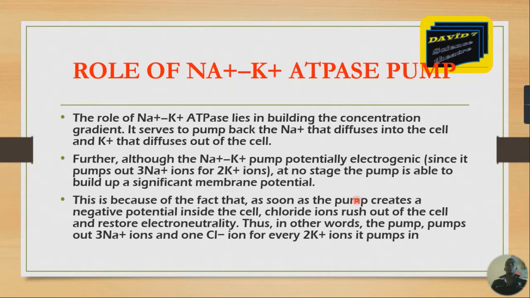This is because as soon as the pump creates a negative potential inside the cell, the chloride ions rush out of the cell and restore electrical neutrality. Thus, in other words, the pump pumps out 3 sodium ions and 1 chloride ion for every 2 potassium it pumps into the cell. I hope my point is clear.